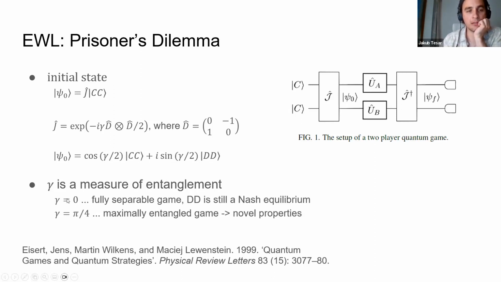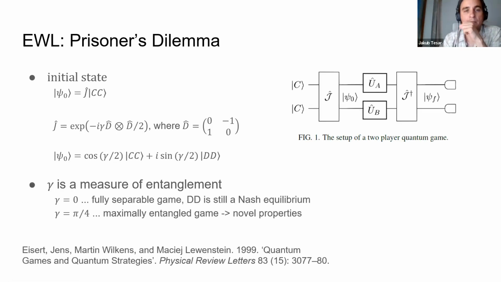And obviously gamma is not like a two-level system. You can have whatever gamma, and the value that you set for gamma will define how much entangled the state is. And so you apply U, some manipulation of the product, and then you disentangle it and measure it.